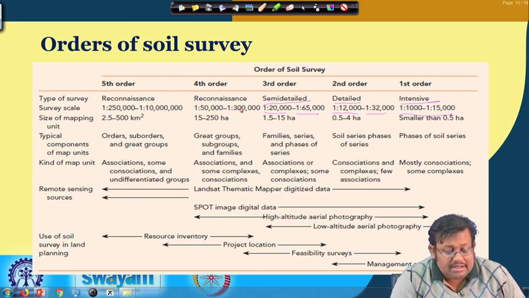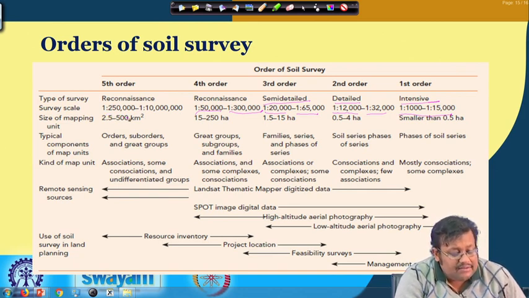The fourth order is called the reconnaissance soil survey, which varies from 1:50,000 to 1:300,000. And the fifth order is also known as reconnaissance, where the survey scale varies from 1:250,000 to 1:10 million.